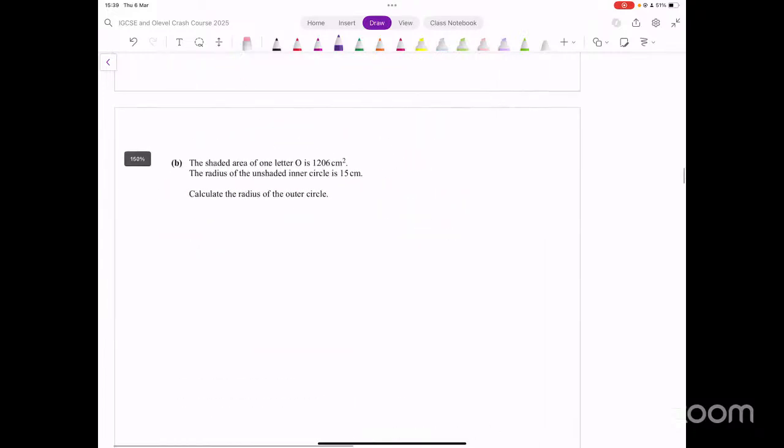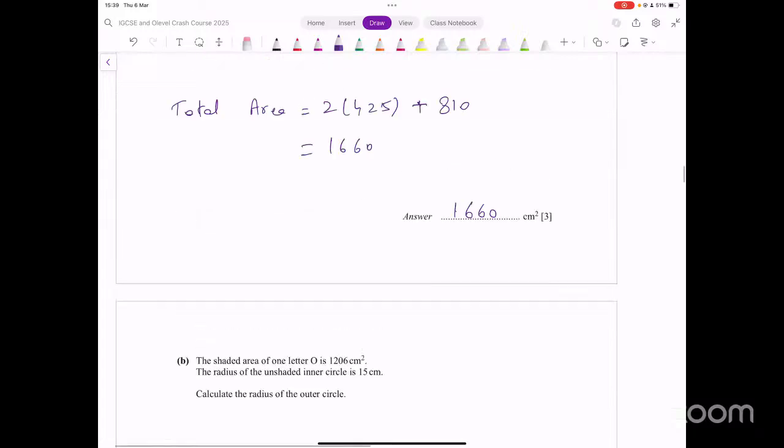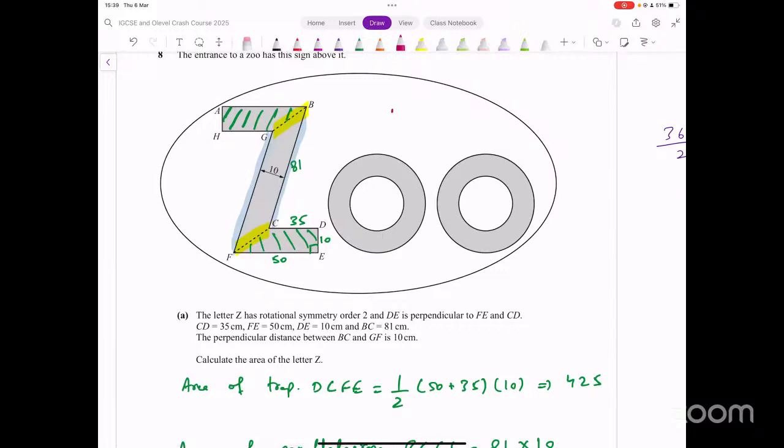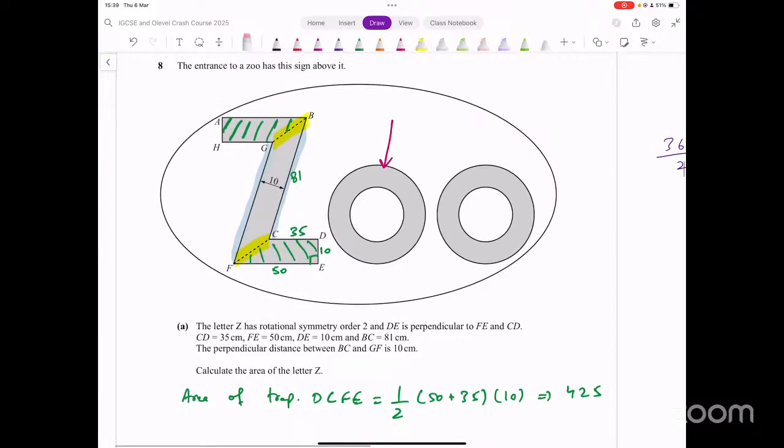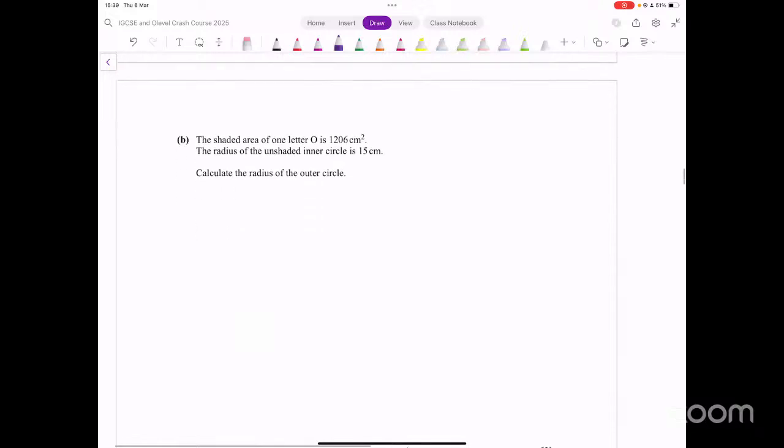Now it says the shaded area of one letter O is 1206 centimeters square. Okay, so this is the shaded area of the letter O. The radius of the unshaded inner circle is 15. Calculate the radius of the outer circle.